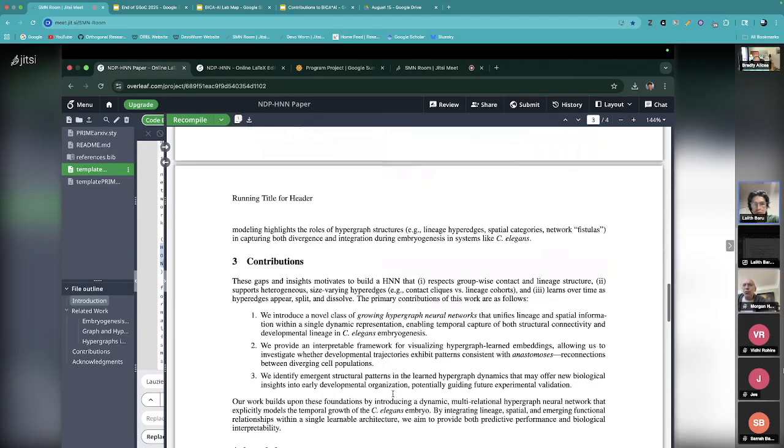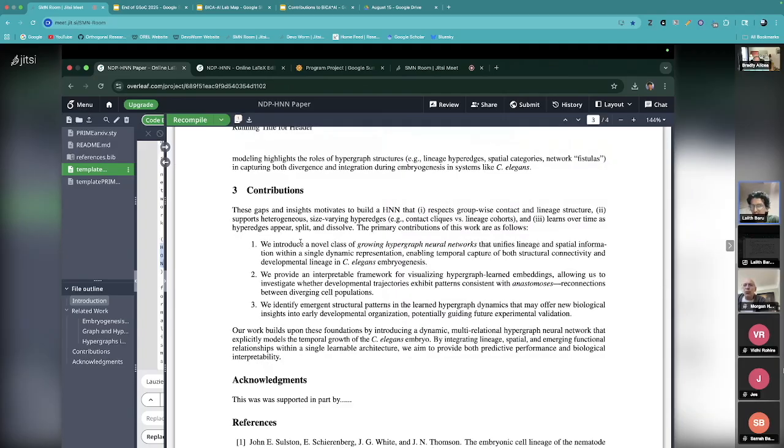We have certain gaps and some insights when developing hypergraph neural networks, in which our main characteristic is to understand the group-wise connection that brings the lineage and spatial structure together. The second is that it has a little bit of heterogeneity and size-variant hyperedges. So how do we bring them together?